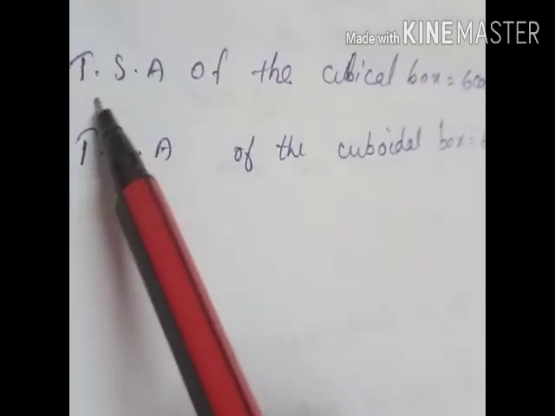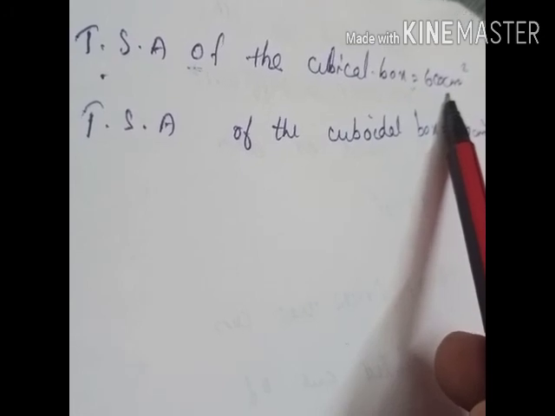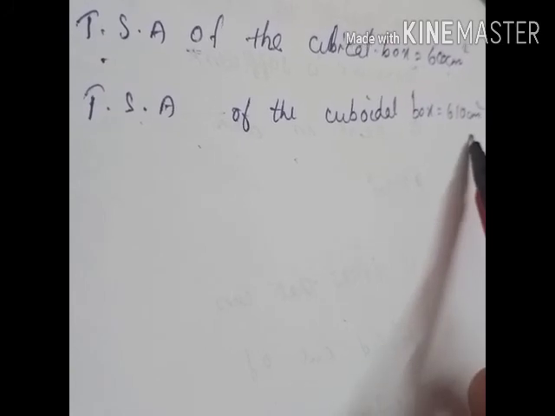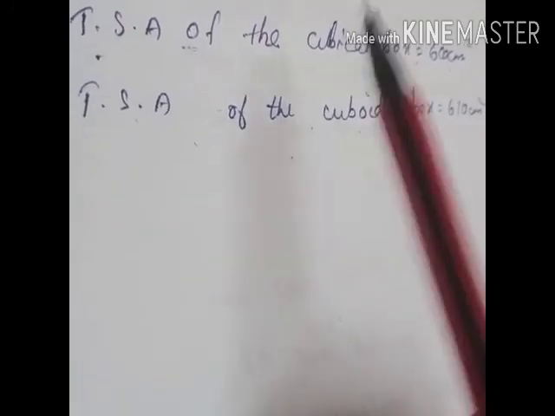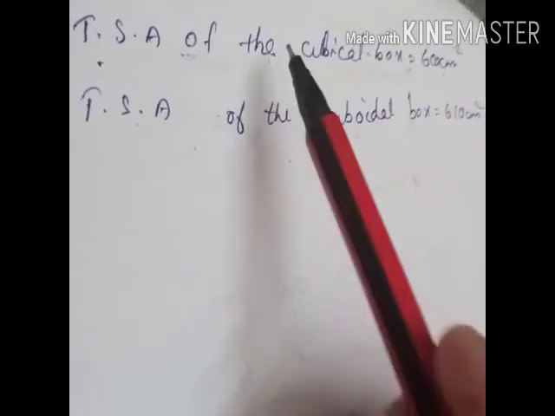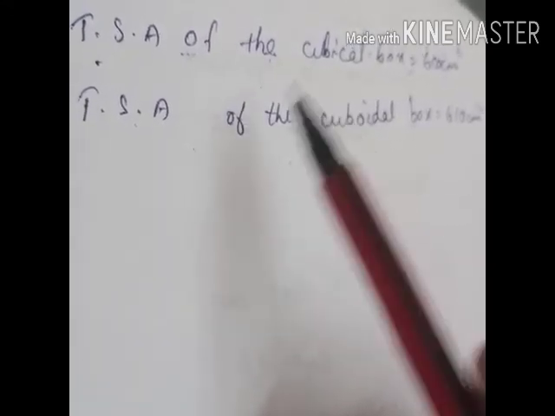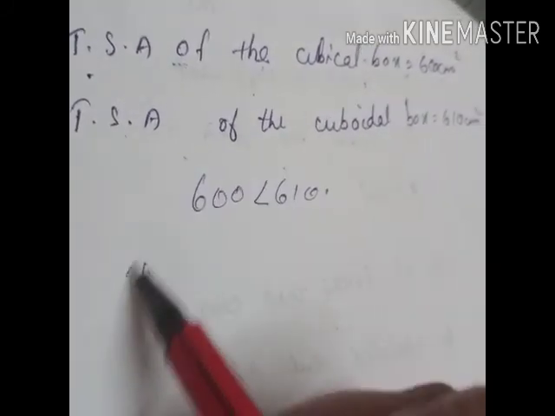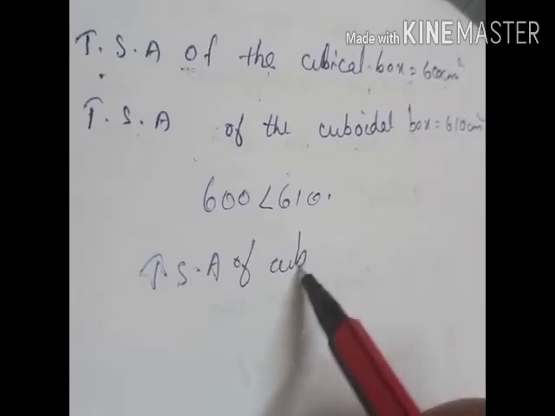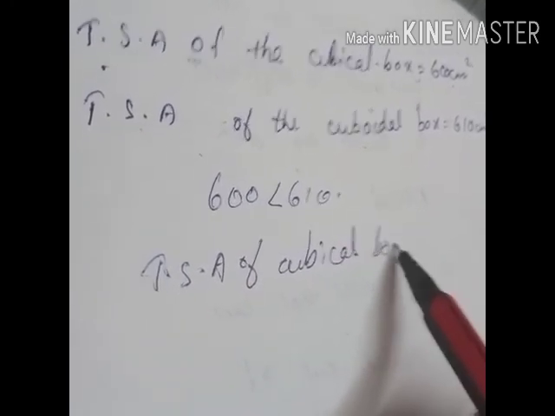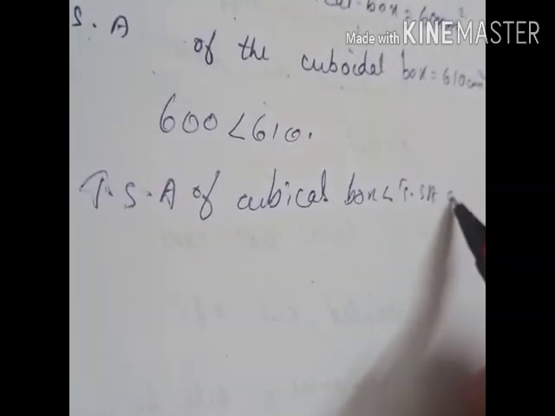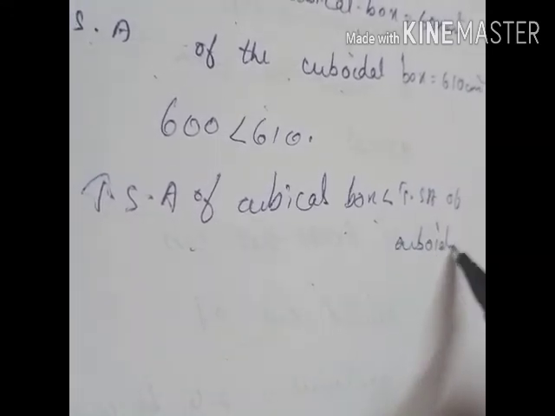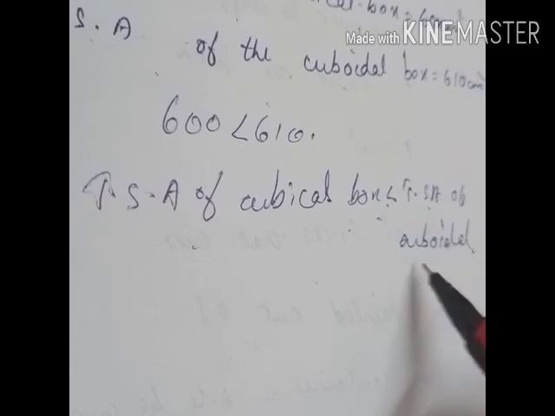So here we got TSA of the cubical box as 600 centimeter square and TSA of the cuboidal box as 610 centimeter square. According to the question, we have to find which box has the smaller total surface area and by how much. So here 600 is less than 610, which means TSA of the cubical box is smaller than TSA of the cuboidal box.